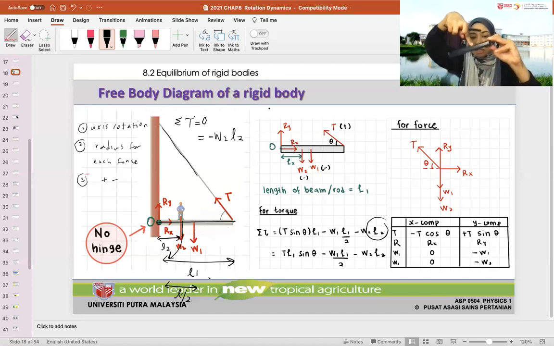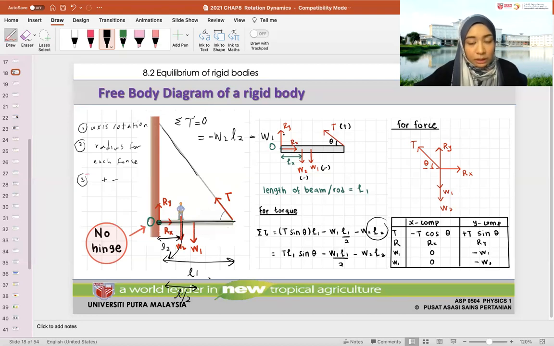So I'm pushing this to represent weight. It is still moving clockwise. So that is a minus W1 L1 over 2. Minus W1 L1 over 2.